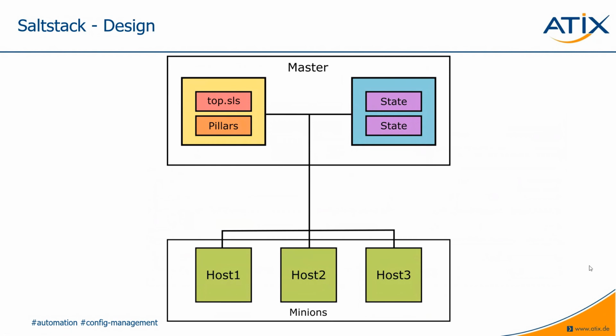Even by using those minions, I can go to the master and say, on those hosts, please run all my states or a certain state. And then the minion is contacted that it should apply this. And if I do not want to have a minion on my system, then I can use the SSH connection to push this configuration to my hosts. And then I need an additional file, the roster, where I define how to reach my hosts.